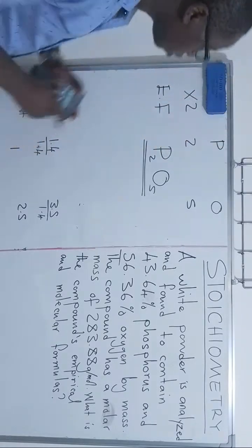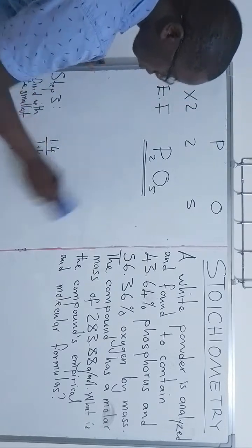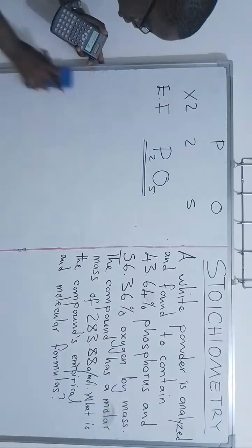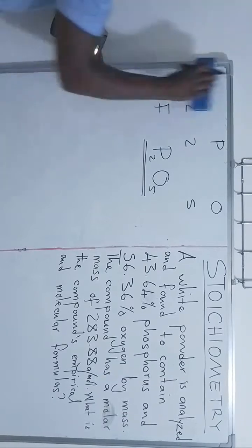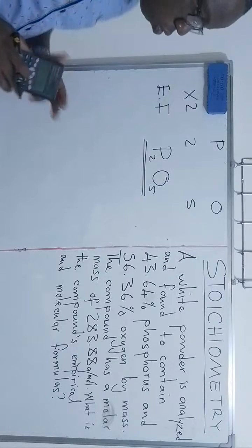So straight away, let's see what you need to do when it comes to the molecular formula. We have managed to see the steps for the empirical formula. Let's now see what you need to do for the molecular formula.